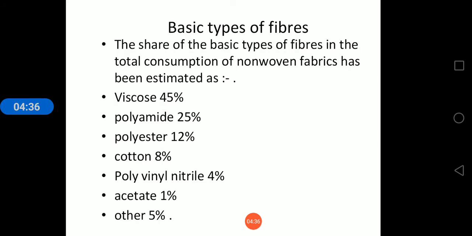Basic types of fibers. The share of the basic types of fibers in the total consumption of nonwoven fabrics has been estimated as viscose 45%, polyamide 25%, polyester 12%, cotton 8%, polyacrylonitrile 4%, acetate 1%, and others 5%.